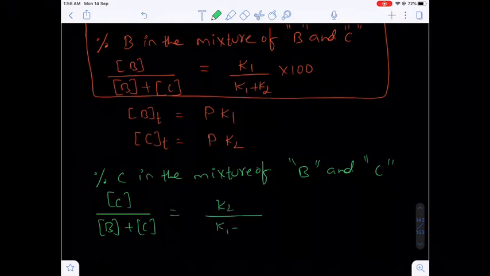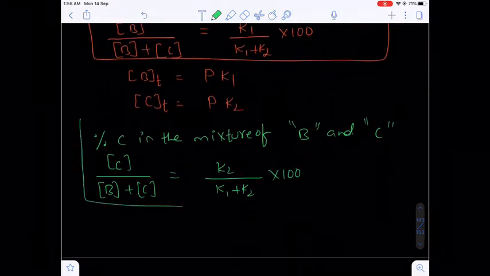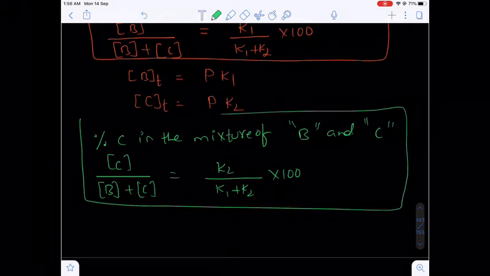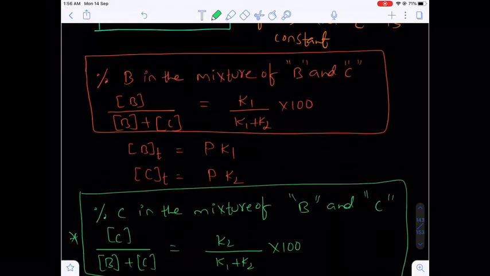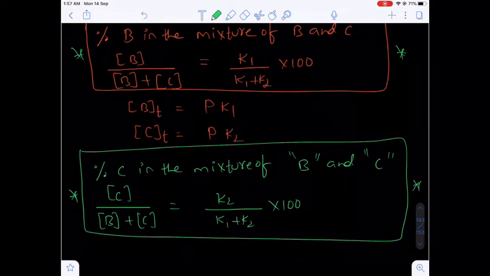K2 upon K1 plus K2. Percentage means multiplied by 100. So this is also a very important expression regarding the percentage composition of the product in the mixture. So these two expressions are very, very important. Are you getting my point? So this is the percentage composition in the reaction mixture of B and C.